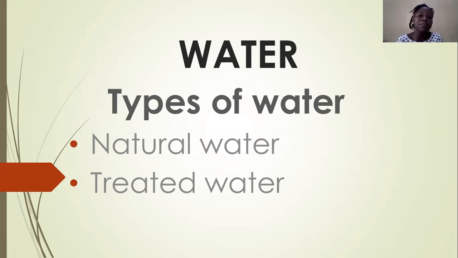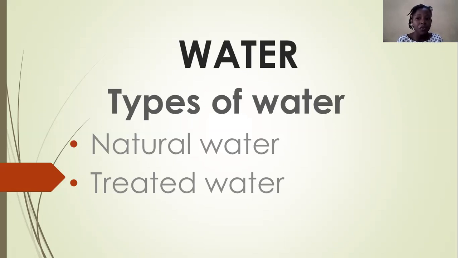So it condenses back and falls back to us as rainfall. Now, while the water is evaporating, every other impurity that is contained in the water is left behind. So the only thing that goes up there is purely water. And that's what condenses back and falls back to us as rainfall.